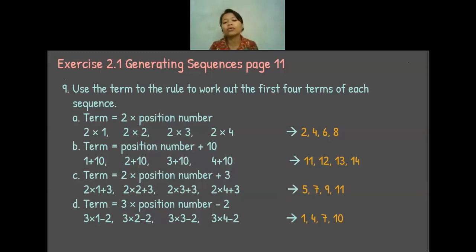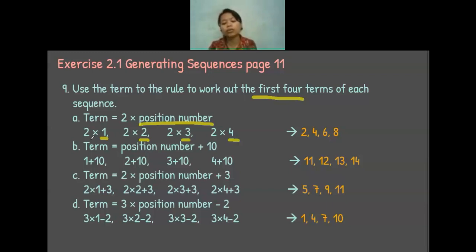If we are going to find the first four terms, it means we have to find the first, the second, the third, and the fourth. So for the first, we replace the position number with 1. For the second, we replace it with 2. For the third term, we replace it with 3. For the fourth term, we substitute the position number with 4.